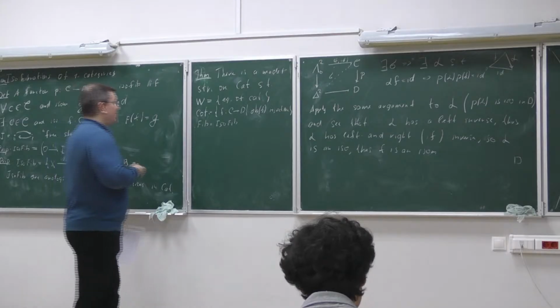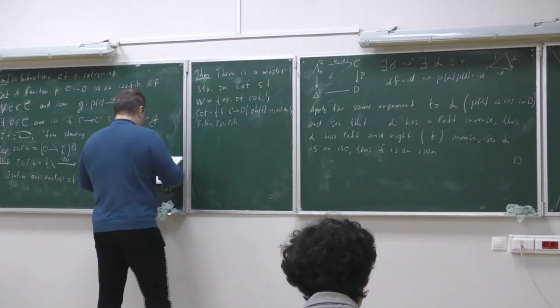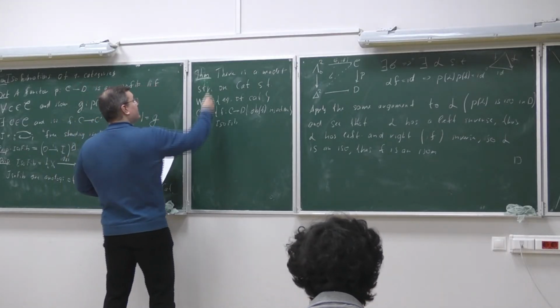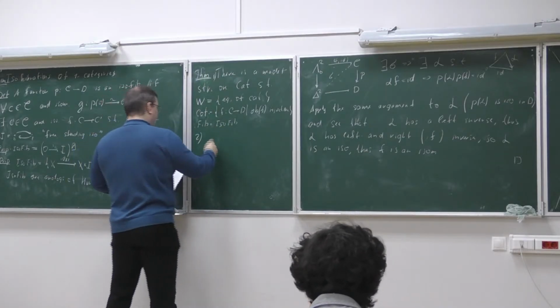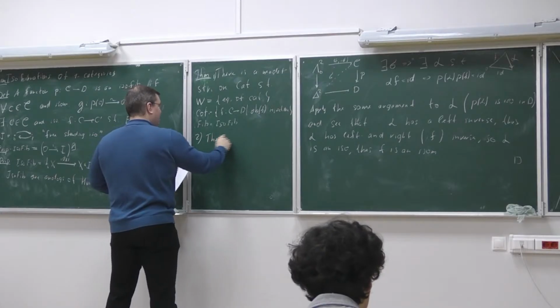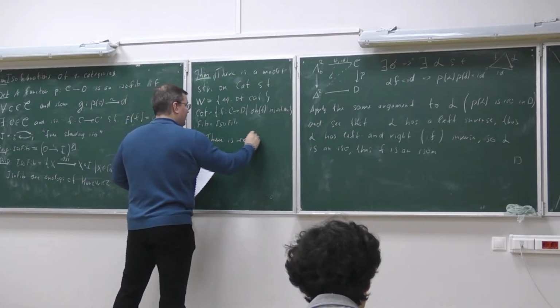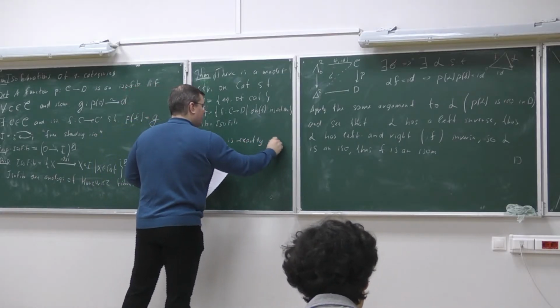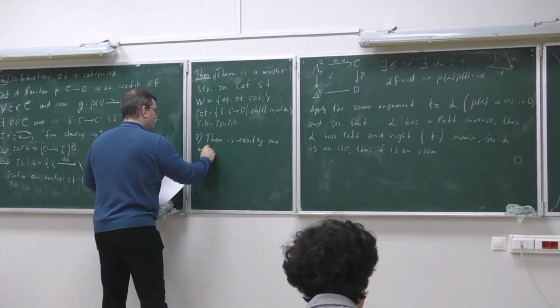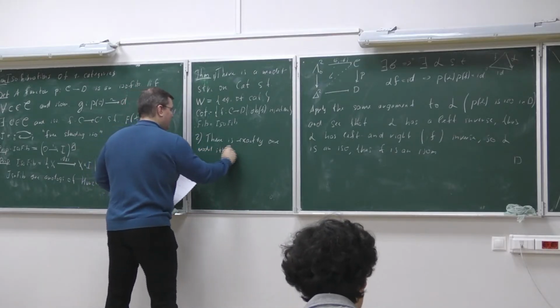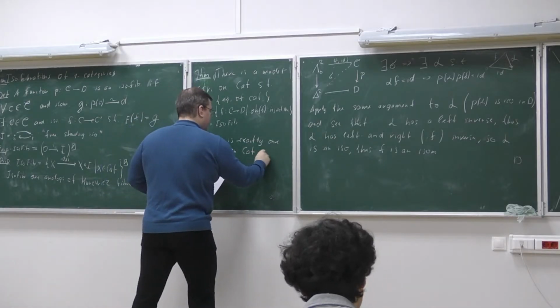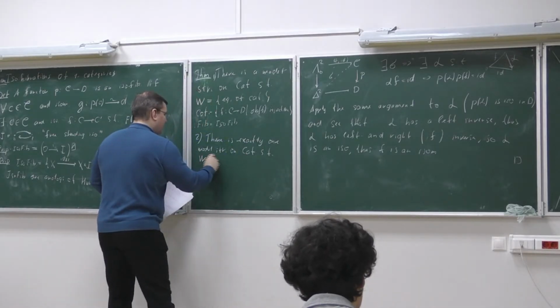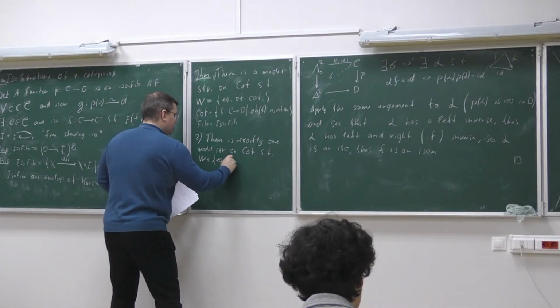But more interestingly, say this is part 1 of the theorem, and part 2 of the theorem: there is exactly one model structure on categories such that W are equivalences of categories.